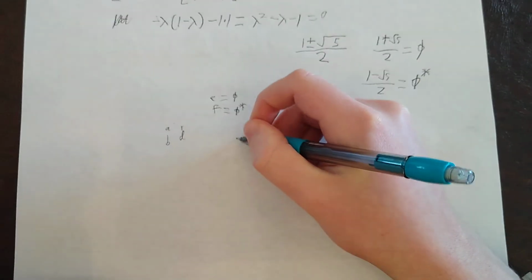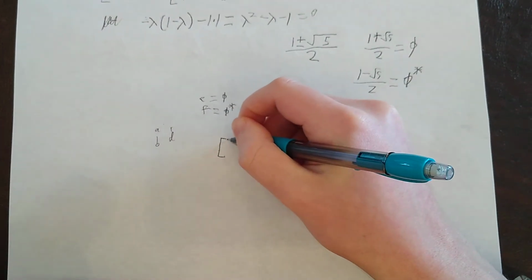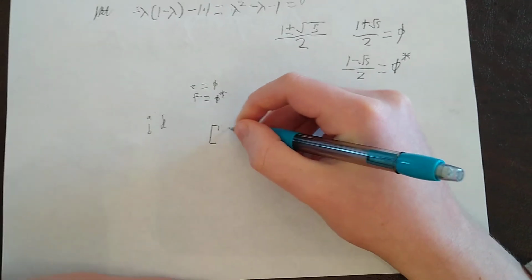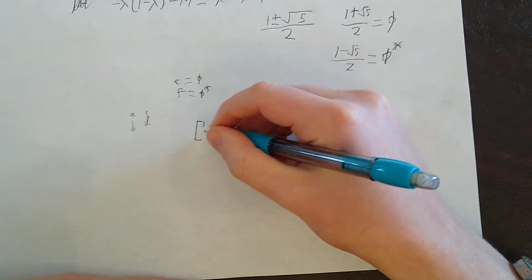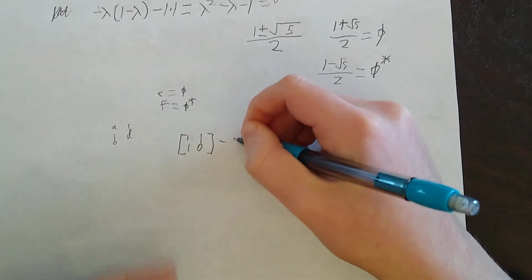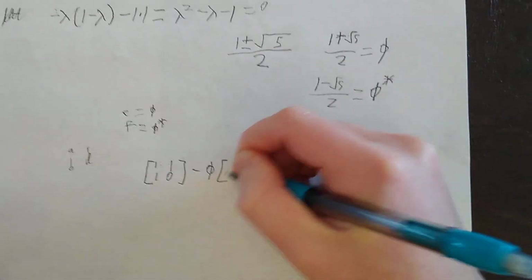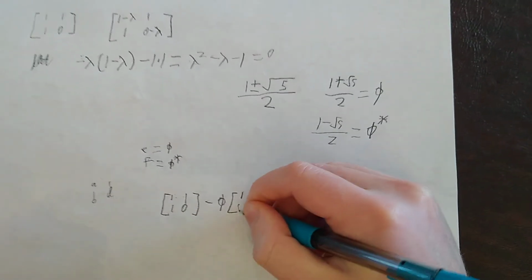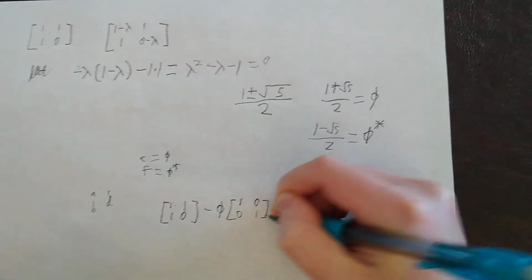And so to do that, we find the null space of this minus each of the eigenvalues times the identity matrix.